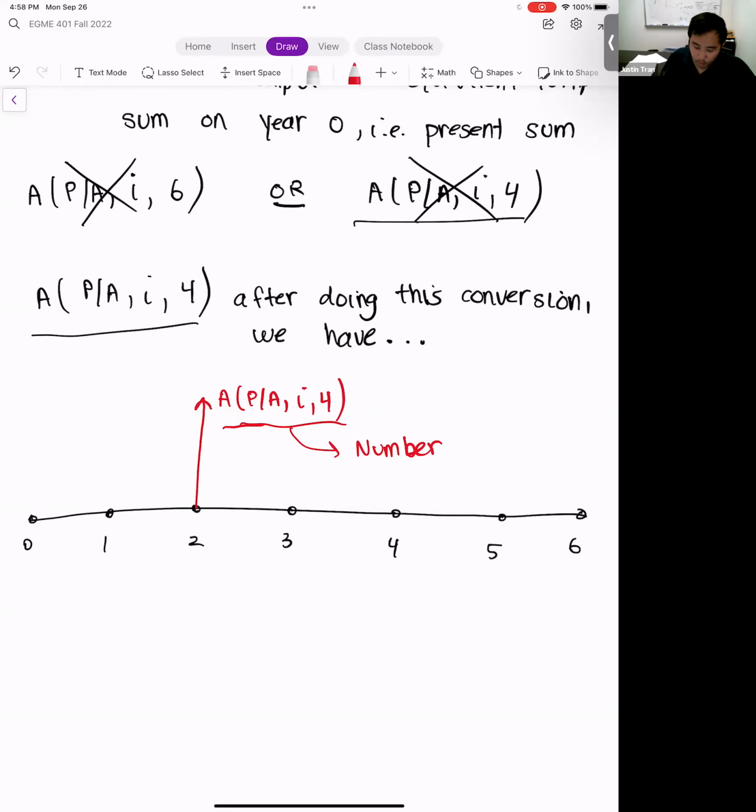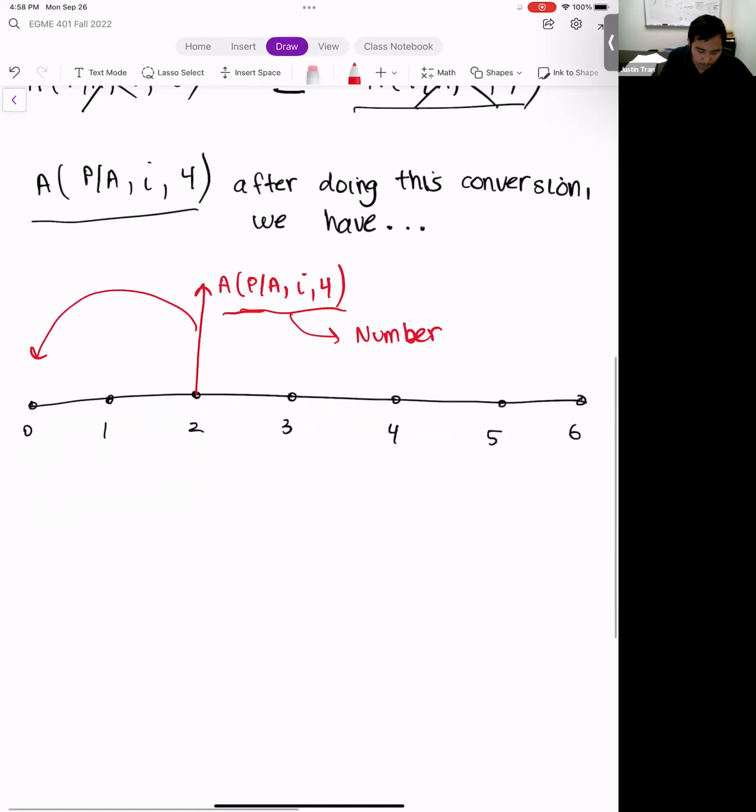Remember, our goal here was to convert this to a single sum on year 0, okay? And so we're going to need to take this and move it back in time 2 years from there. Luckily, we know how to do that, because now our cash flow is just a single lump sum.